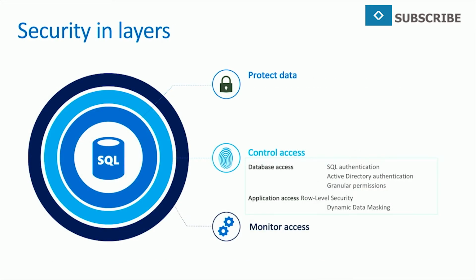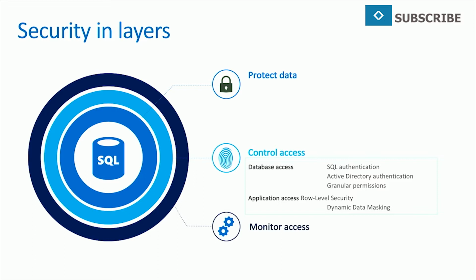Back to our diagram, we just talked about encryption. The next layer of security is about controlling access: authentication and authorization. SQL Server has two types of control features: database access, which controls access by users who connect directly to the database, and application access, which controls access by end users who connect through an application to the database.